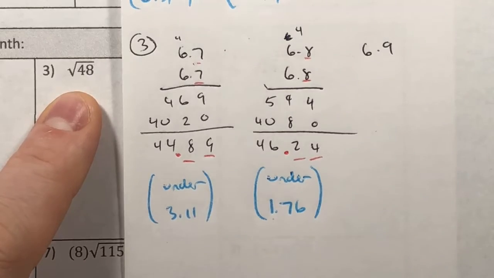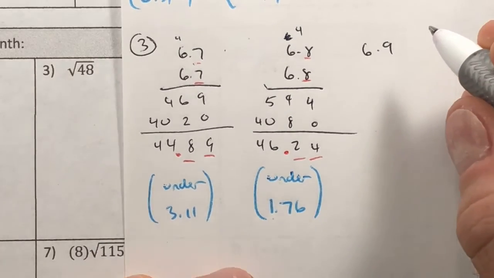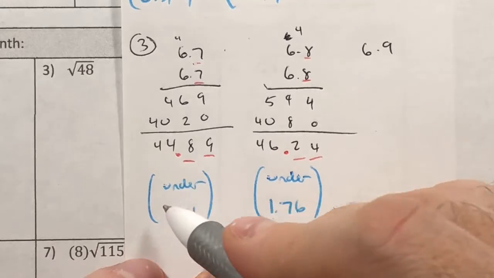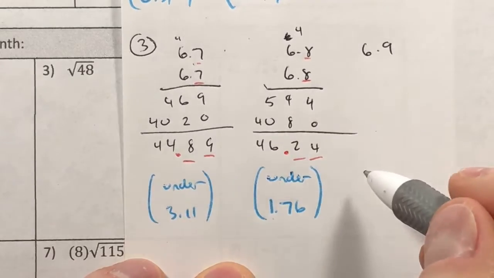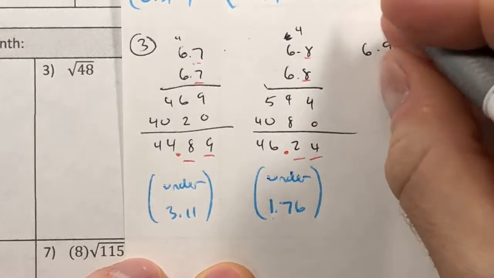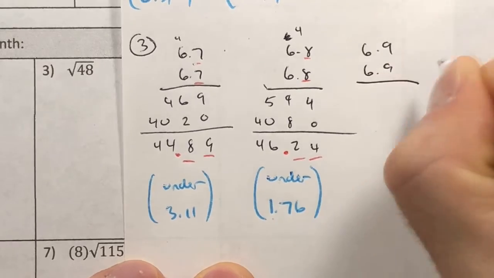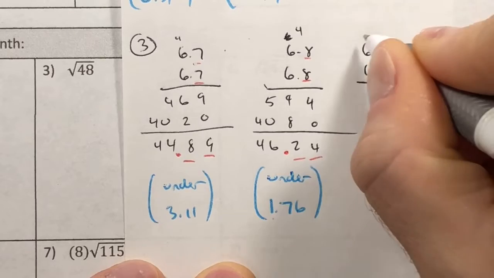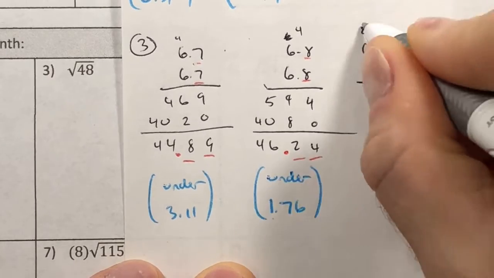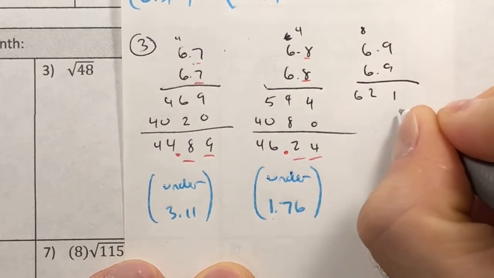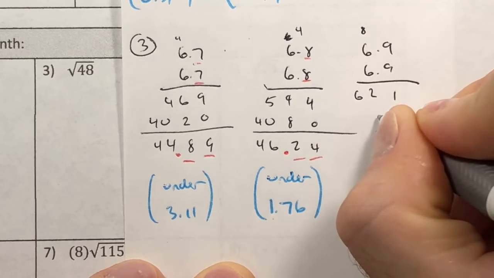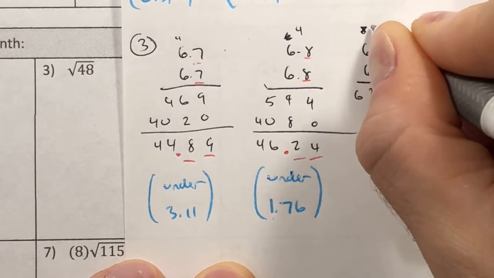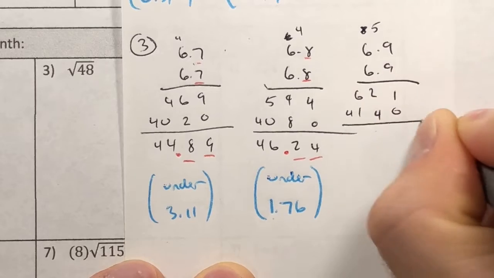We're going to go ahead and try 6.9 now, which is what I recommended that we should have done by seeing how far under we were. So we should have just jumped over to 6.9 and tried that. But no worries, I think we're seeing what we're doing here a little better this way. So 9 by 9 gives me 81, carry the 8, 54 plus 8 is going to be 62. Hold my 0, that's going to be 54, carry the 5, 41.